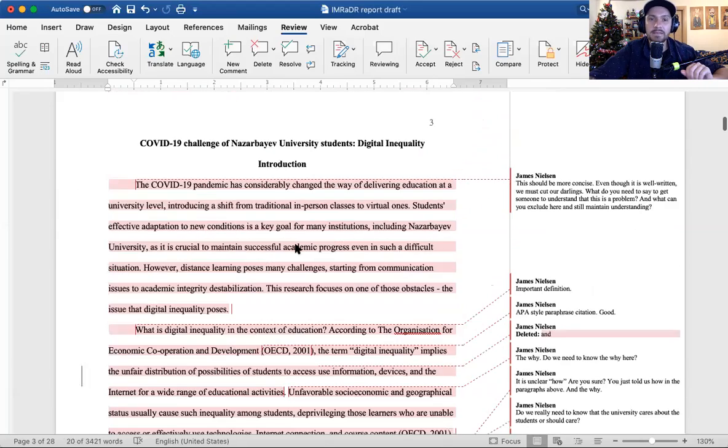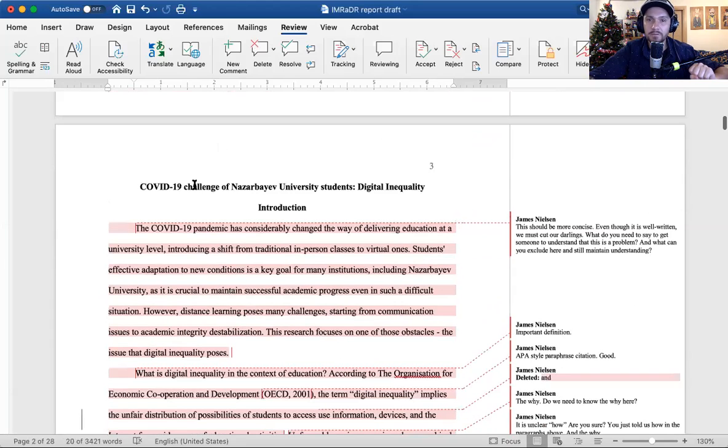The APA style 7th edition student version sample will tell you not to include the word introduction here, and instead just have the title. Because we are doing an IMRAD report, that stands for Introduction, Methods, Results, Discussion, I am going to ask you to include the introduction.